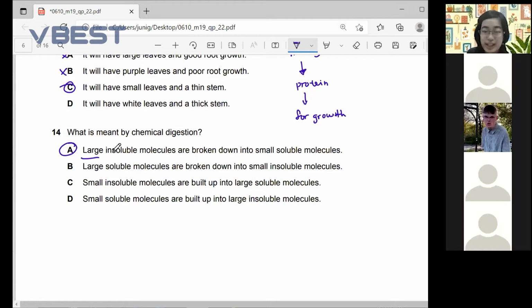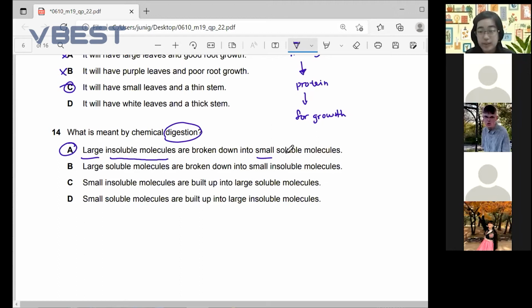The key word here, first of all, because it is digestion, you need to say from large to small, and note here that it says large insoluble molecules into small soluble. Basically, this sentence is the definition of chemical digestion. If it comes to physical digestion, you can just say large particles to small particles. You don't need the insoluble, soluble part.